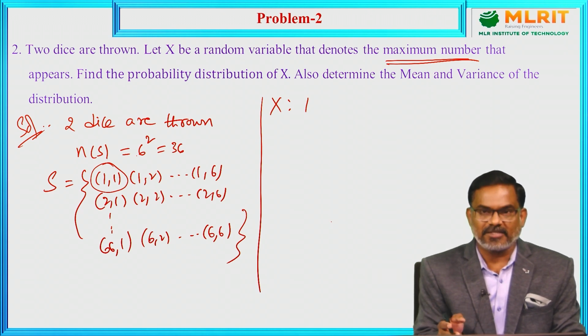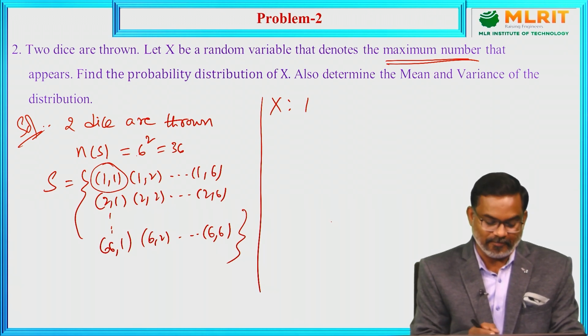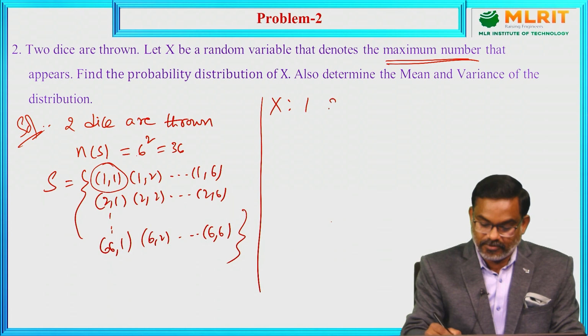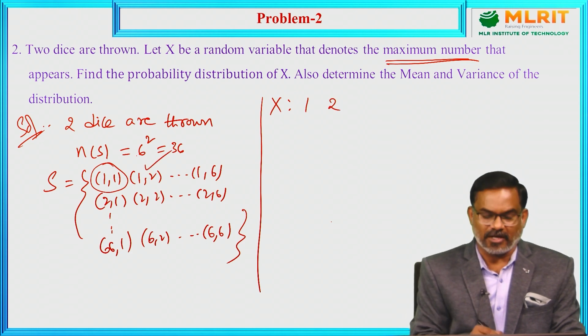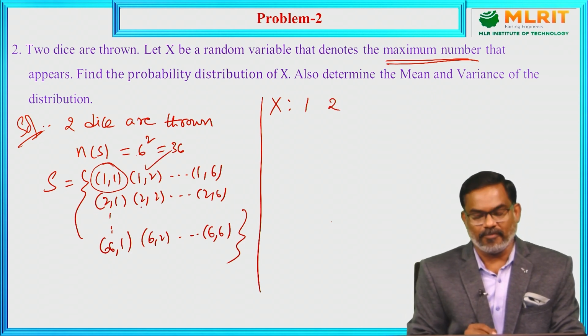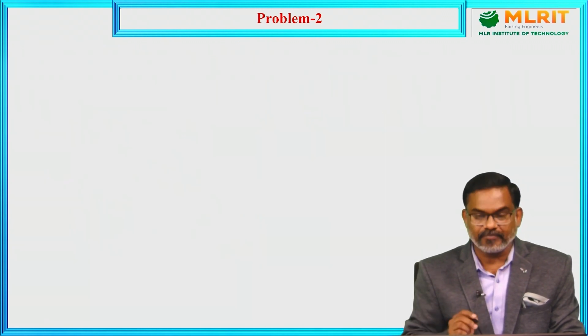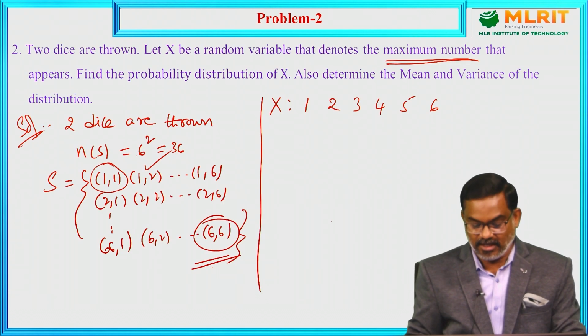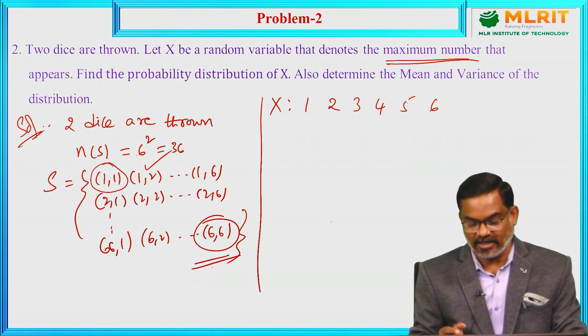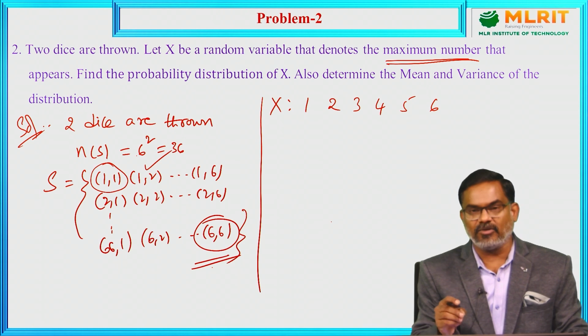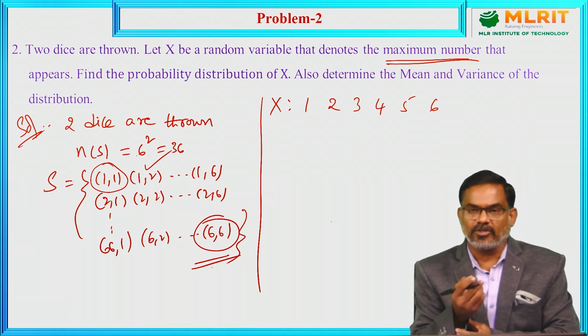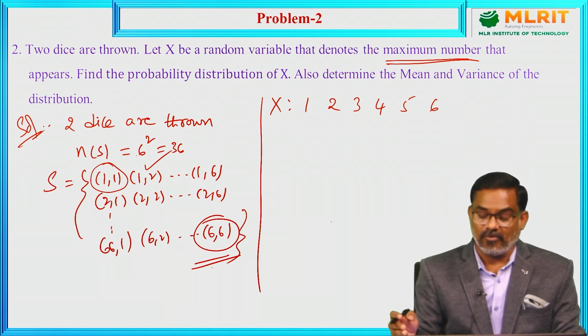So, maximum number 1 is possible in this case. Similarly, 2 is the maximum for (1,2), (2,1) and (2,2). Similarly, 3, 4, 5 are possible, and 6 is the maximum value in (6,6) as there is no other number greater than 6. So, the possible values for capital X are 1, 2, 3, 4, 5 and 6.